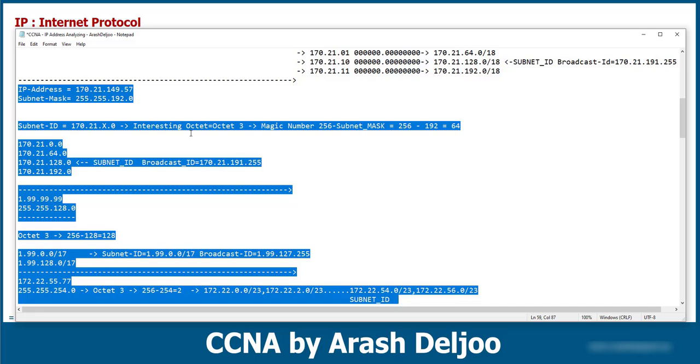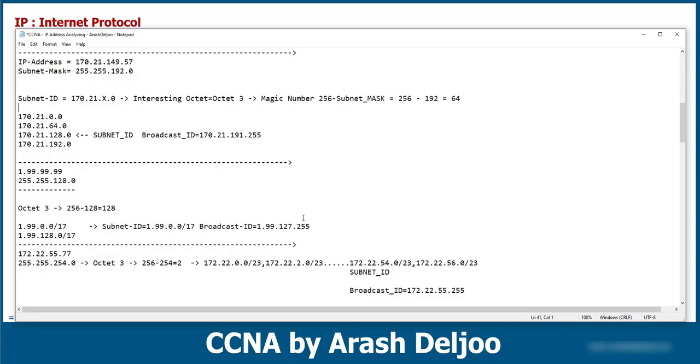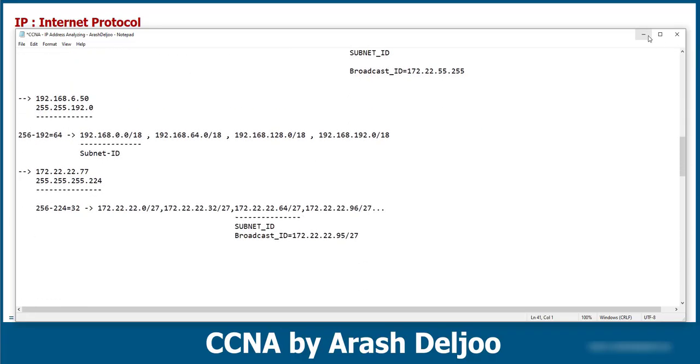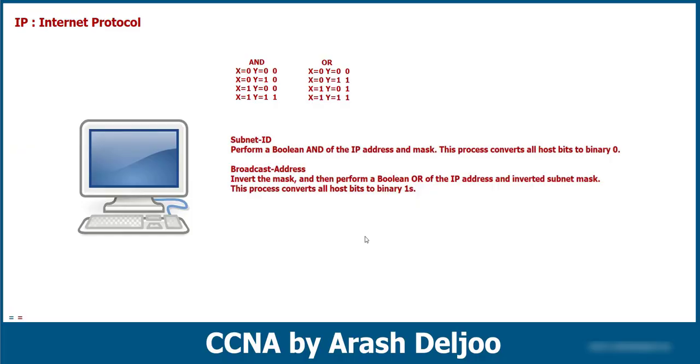We learned about the magic number, how we can calculate the magic number, and how we can use the magic number to easily find the important parts of one IP address. In almost all of the scenarios in this course and in the other courses, you will learn all of these relations in your mind, on your paper, in your scenario. Because of that, you will be a master of all of these topics.